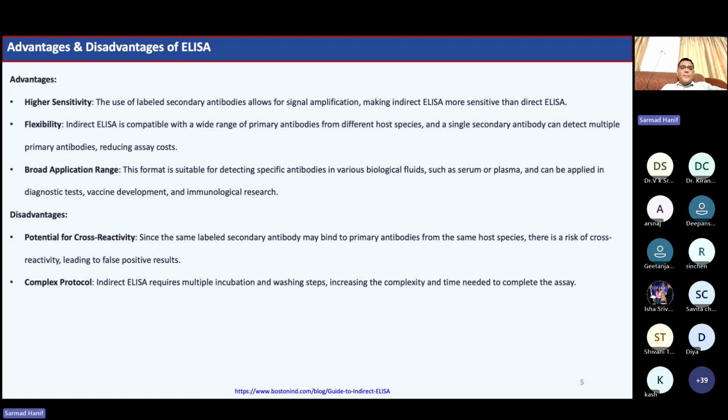Now, coming on to the disadvantages, there are chances that it can cause cross reactivity. Why? Because it can give false positive results, because the secondary antibody, although it goes and binds to the primary antibody, can recognize so many other primary antibodies.